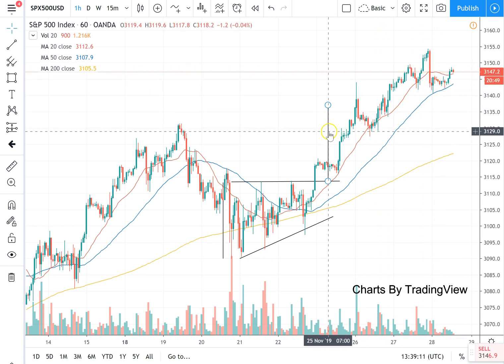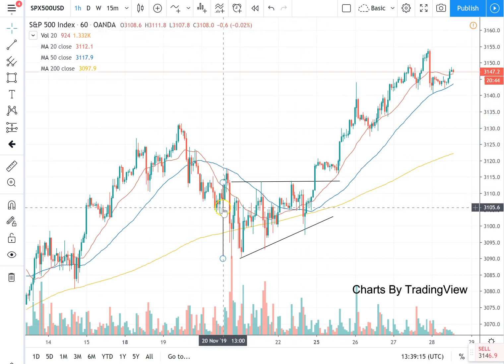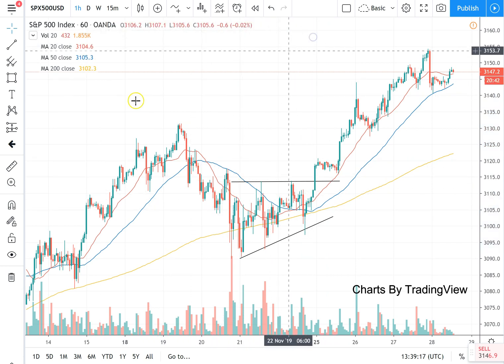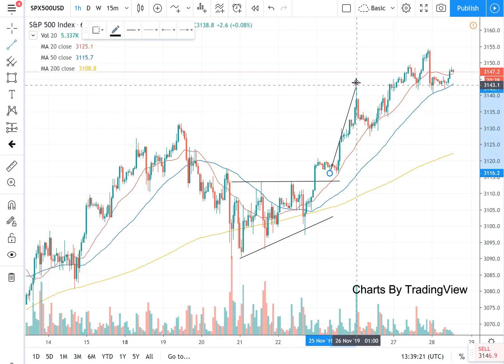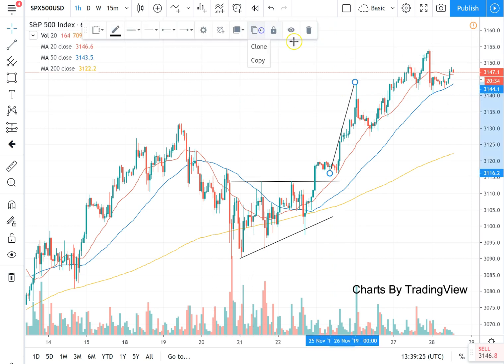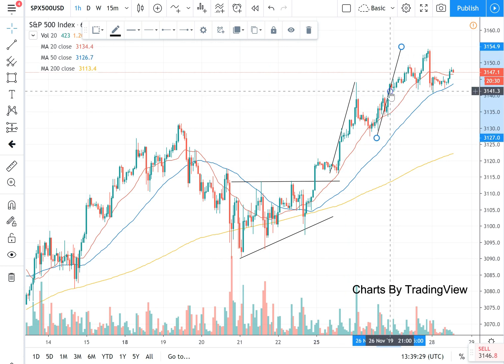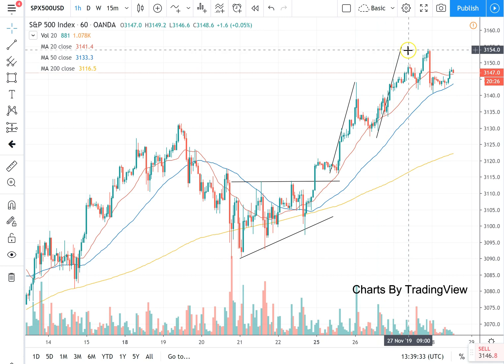So right now, what we can do is, I think it has also met a measured move. This measured move here, clone it, and then we project upwards from the correction down here and project upwards.